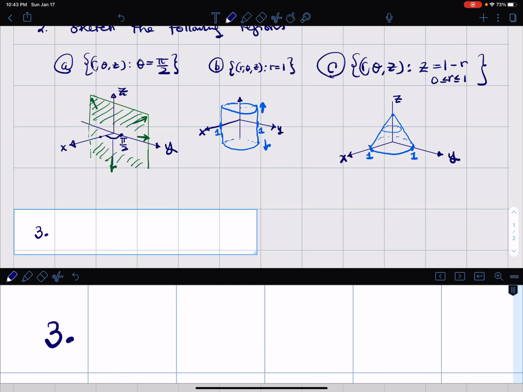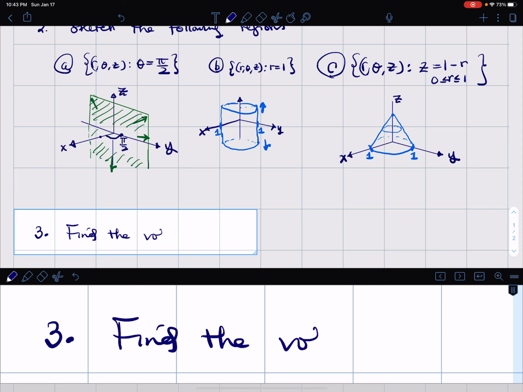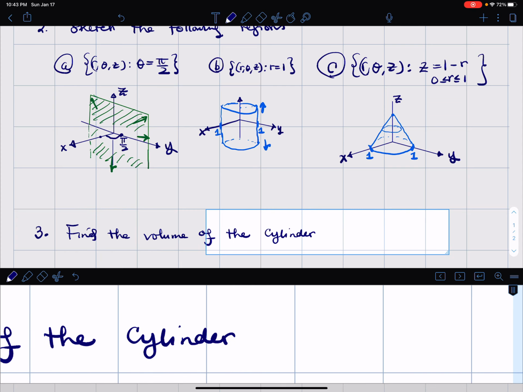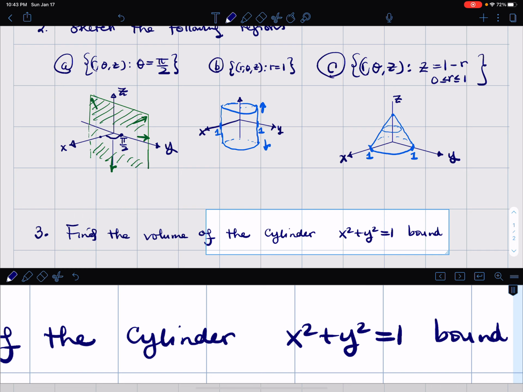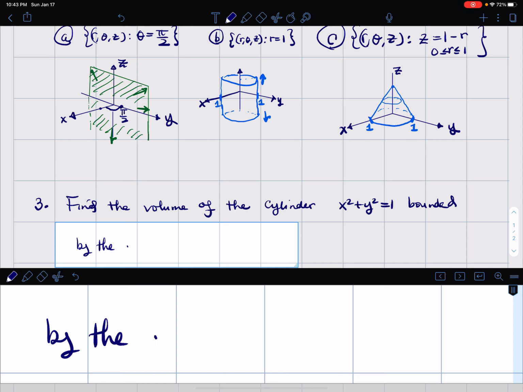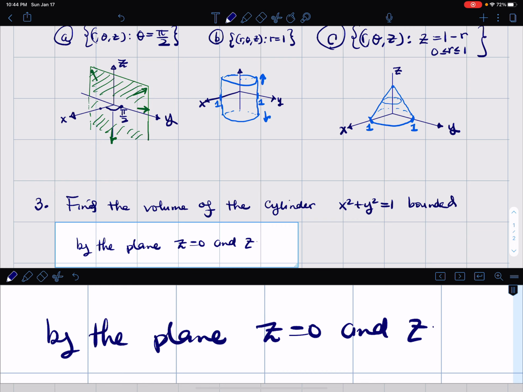Let us find the volume of the cylinder x squared plus y squared is equal to 1, bounded by the planes z equals 0 and z equals 2.